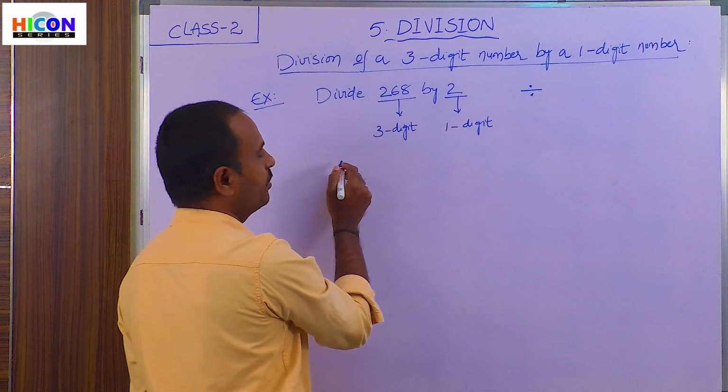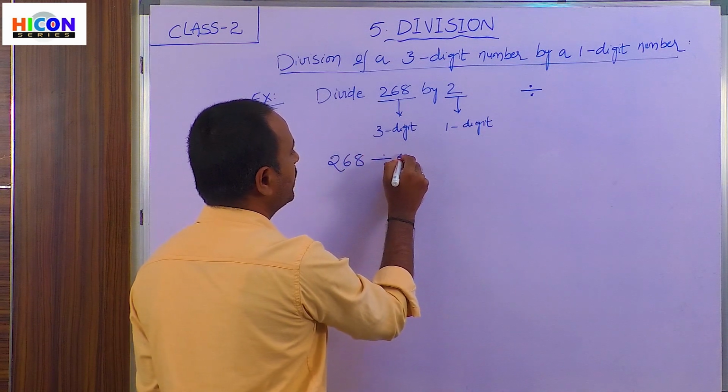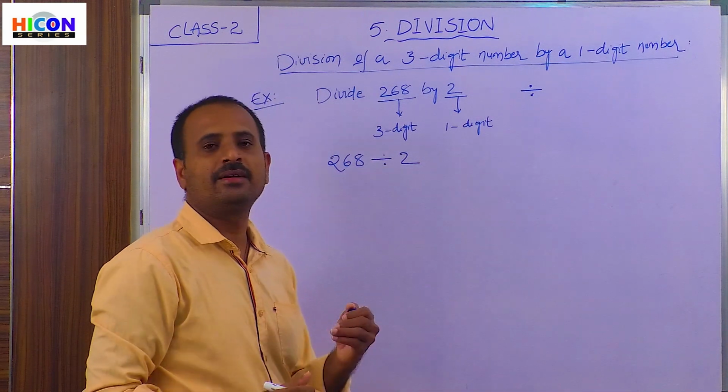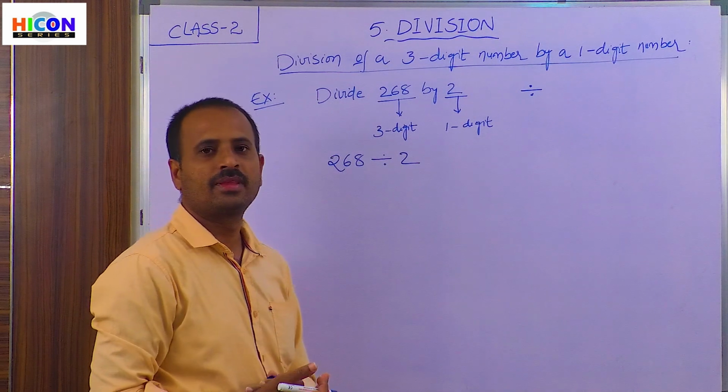This is the symbol for division, and it is called divided by. So now we have to write 268 divided by 2. In this way, first we have to convert the sentence into the division symbol.